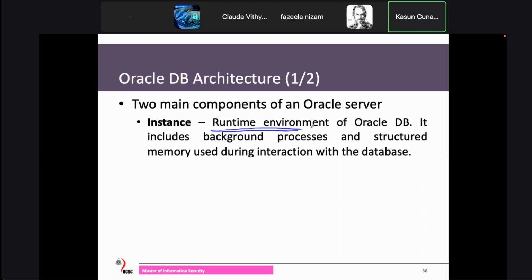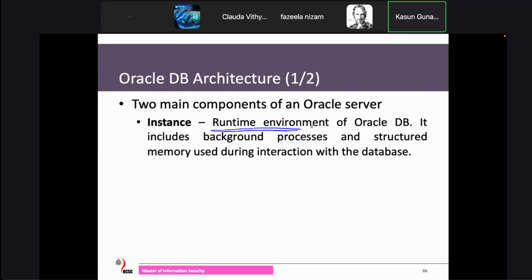And the Oracle instance is the set of background processes and memory structures that operate on the database system or the data.